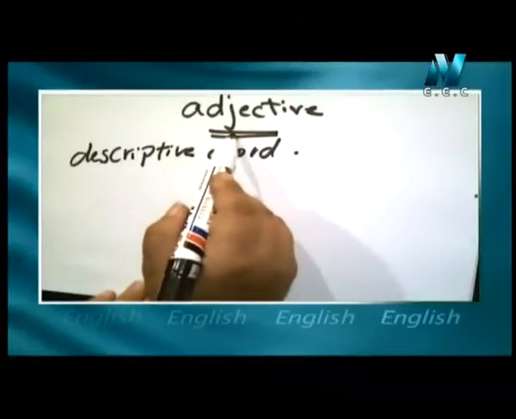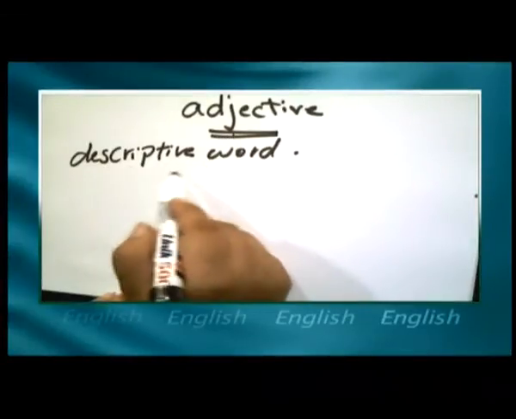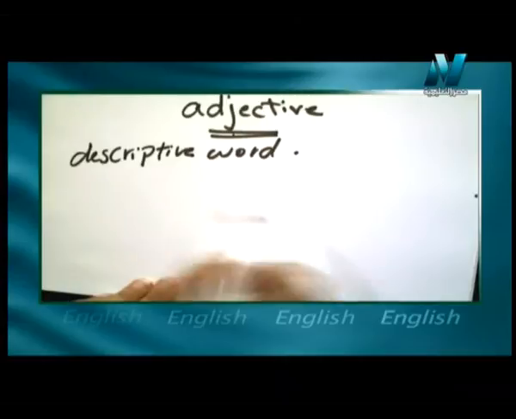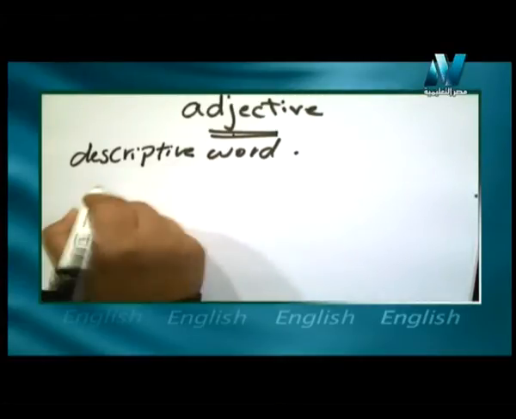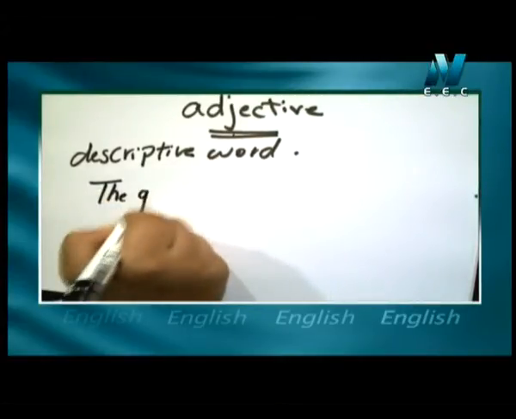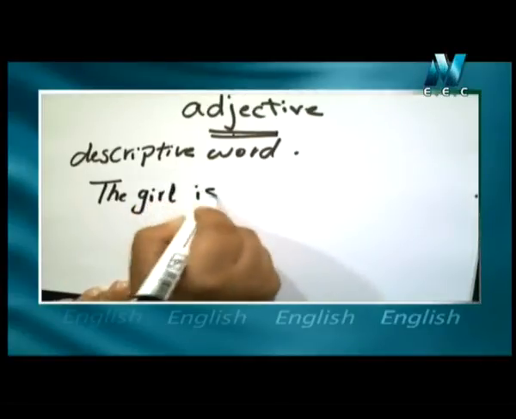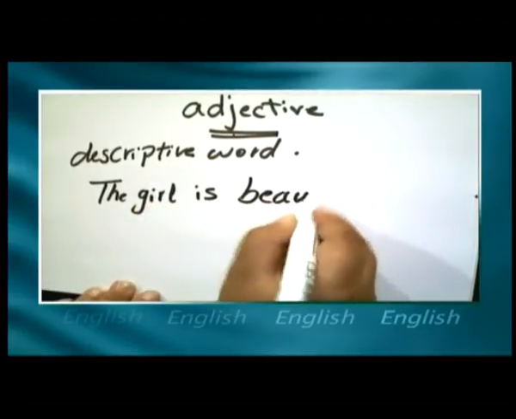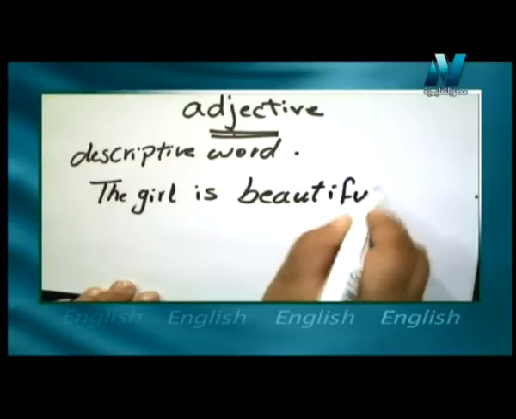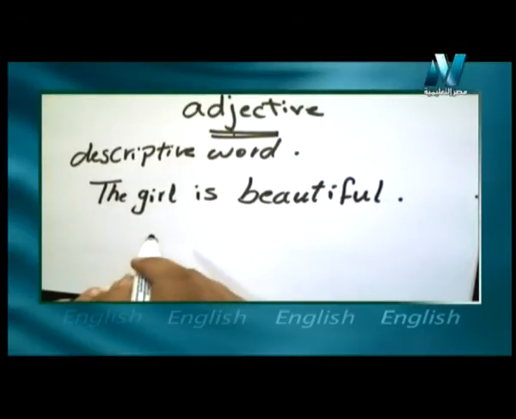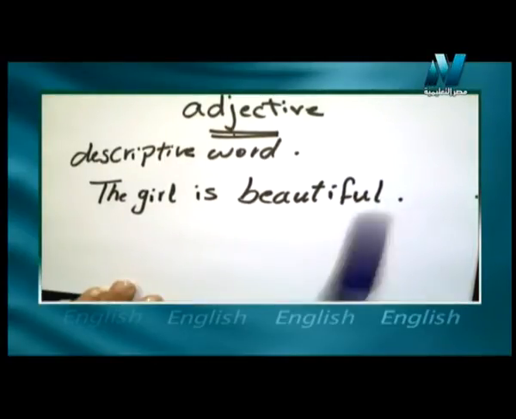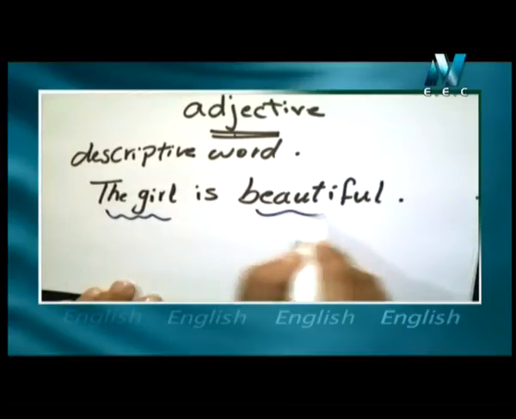Let's see the adjectives. The adjective is a descriptive word. كلمة بوصف بيها. For example, when I say the girl is beautiful. The girl is beautiful. I'm describing the girl that she is beautiful.